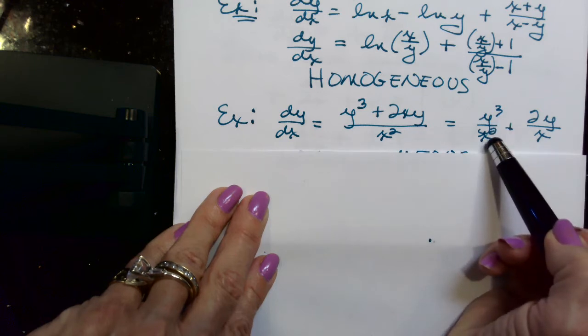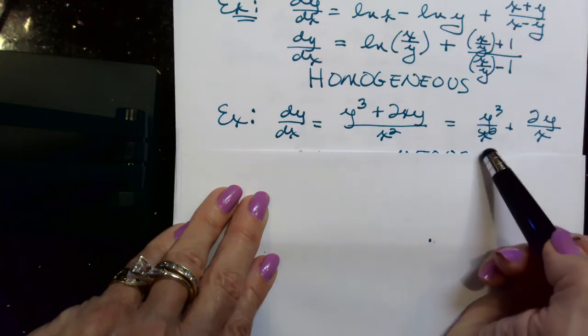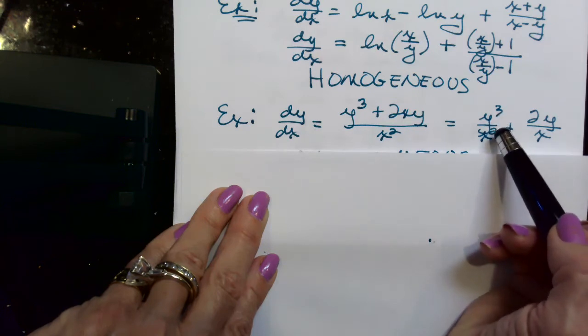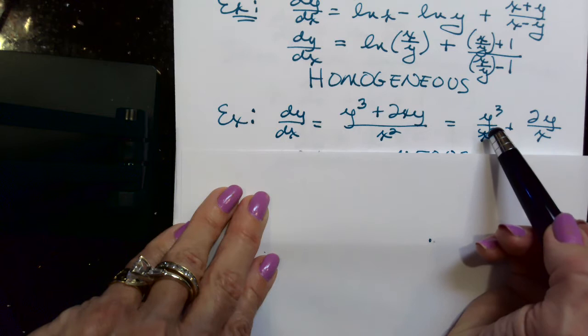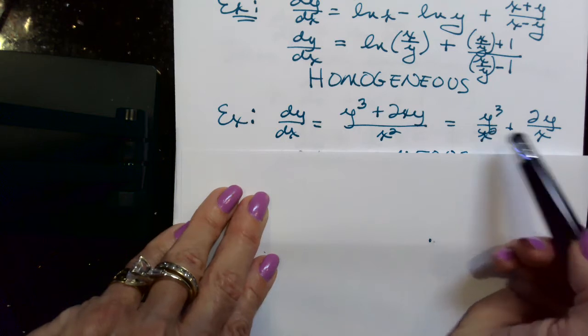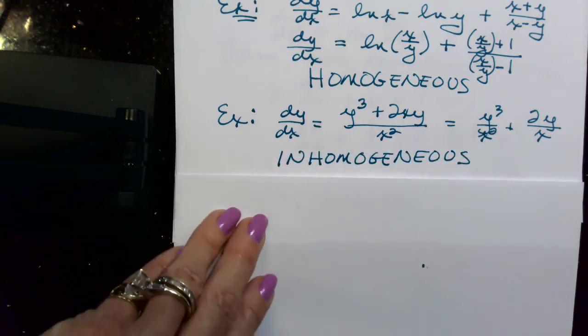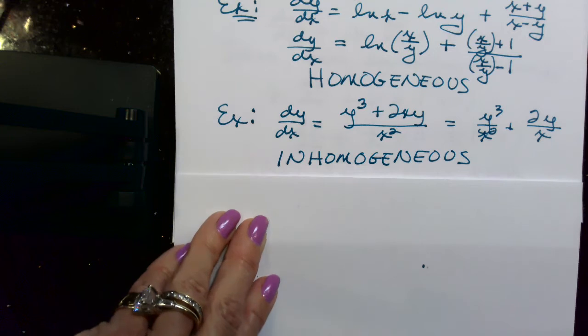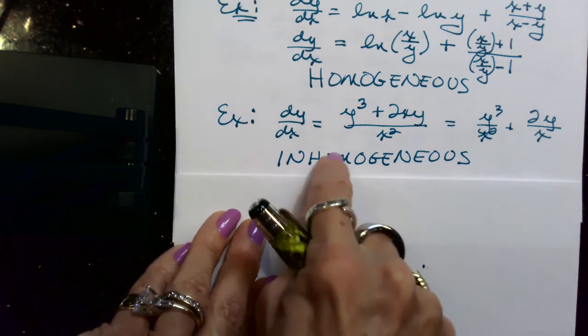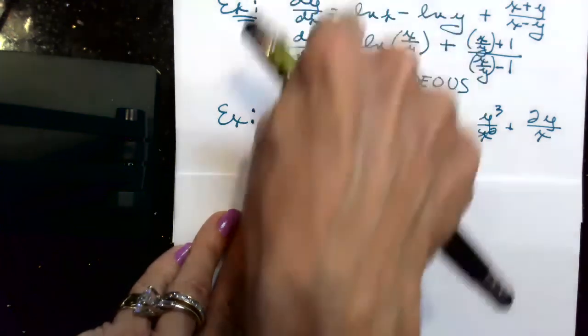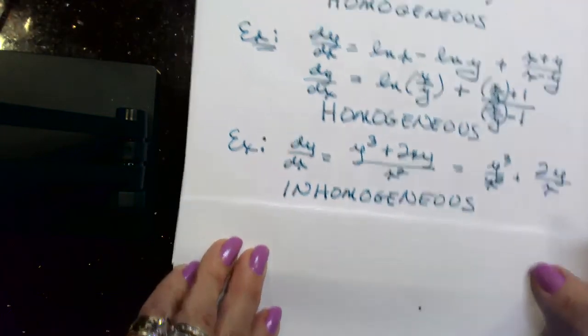It can never only depend on y over x, because the best you could do would be to write this as y times (y over x) quantity squared, but you still have that extra factor of y. So this is an inhomogeneous equation. And so the method that we're going to learn next would not work on this last equation, but it would do just fine on these first two.